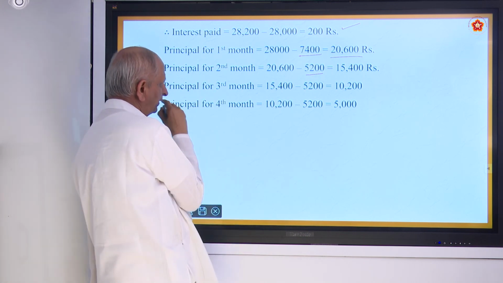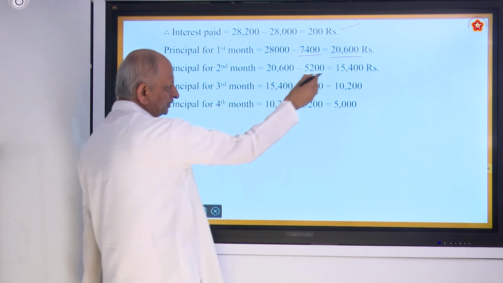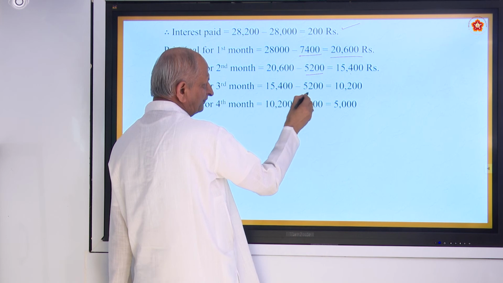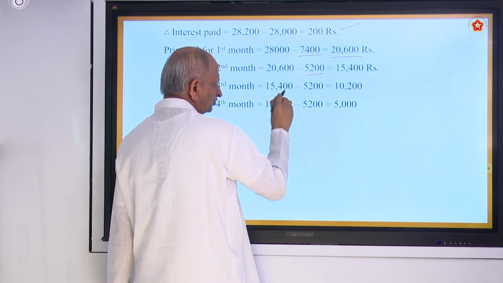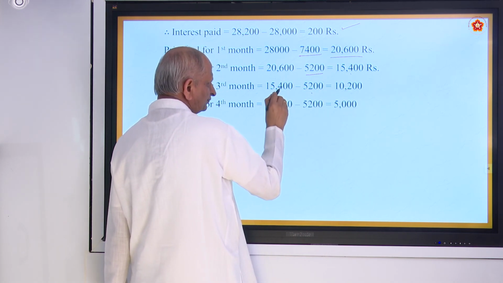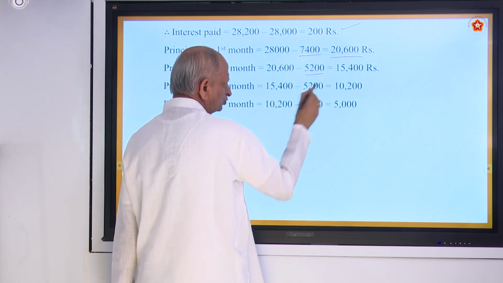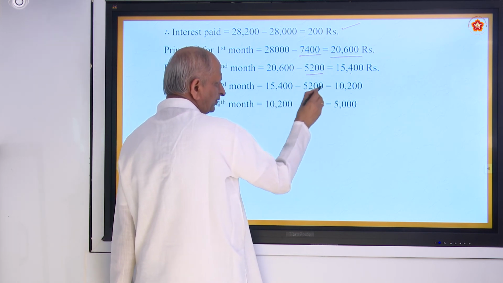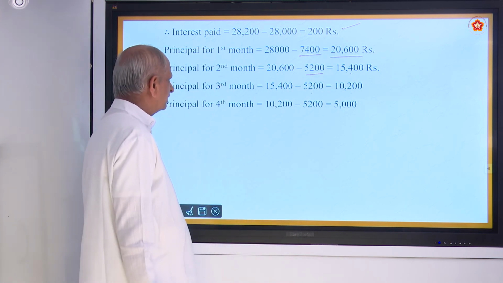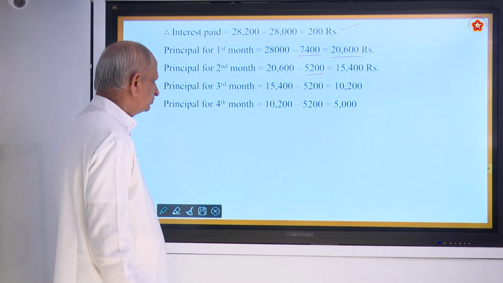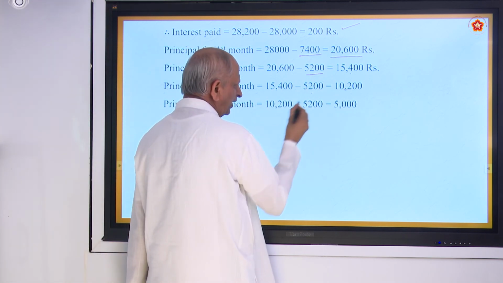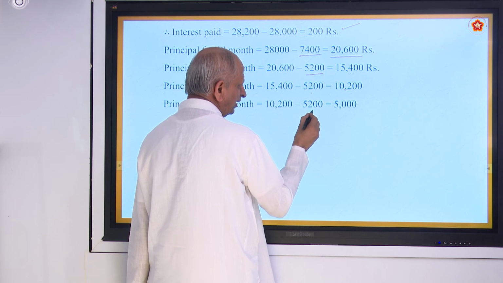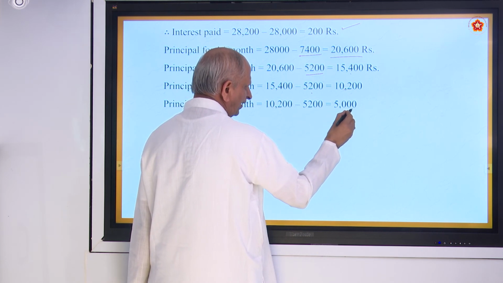And the third month: this 15,400 minus 5,200. 0 minus 0 is 0, 4 minus 2 is 2, 15 minus 5 is 10. So that is the third month. Fourth month: this 10,200 minus 5,200 comes to 5,000.